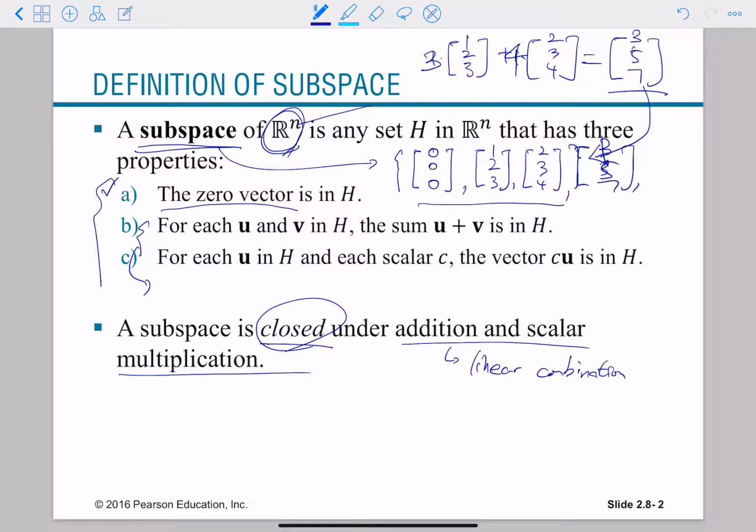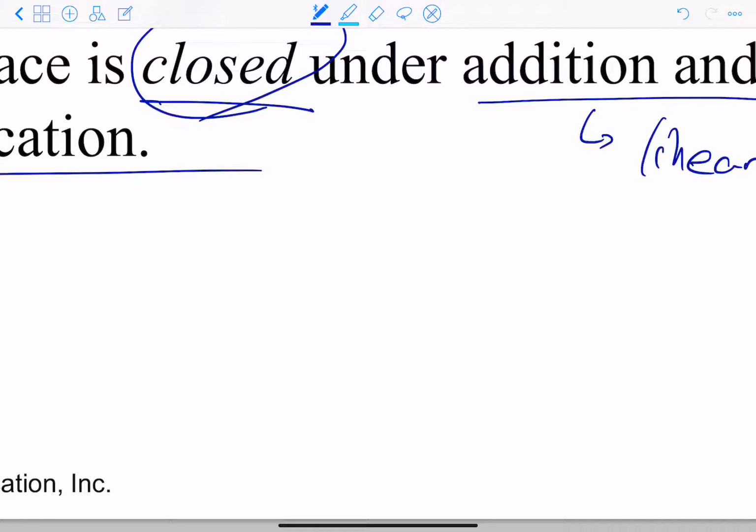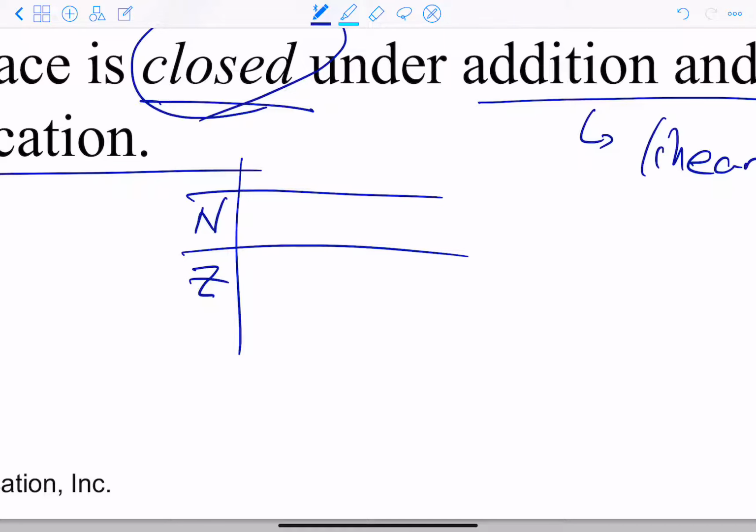This closedness is a simple notion that we already studied in middle school or high school. For example, suppose we consider the set of all natural numbers, the set of integers, and the set of real numbers.